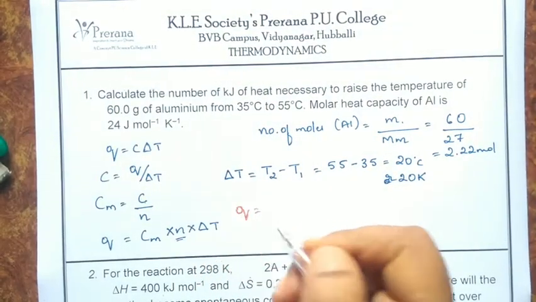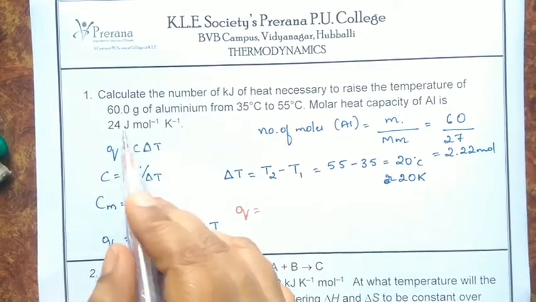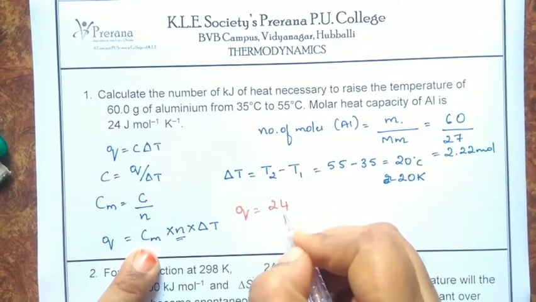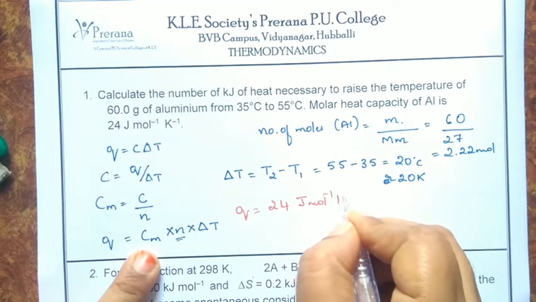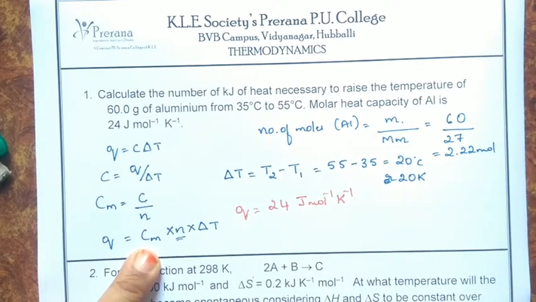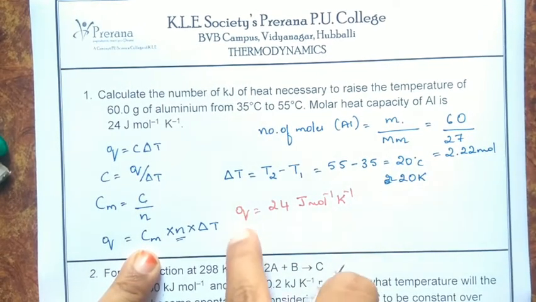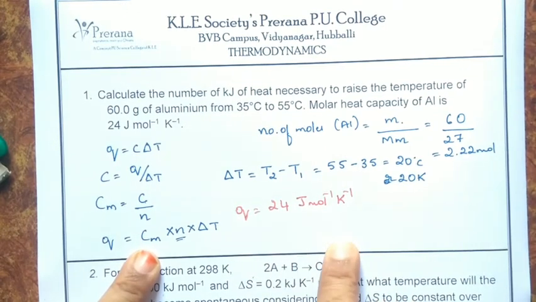So Q is equal to the molar heat capacity, which is already given, 24 joule. I am writing all the units there so that we get the unit properly at the end.